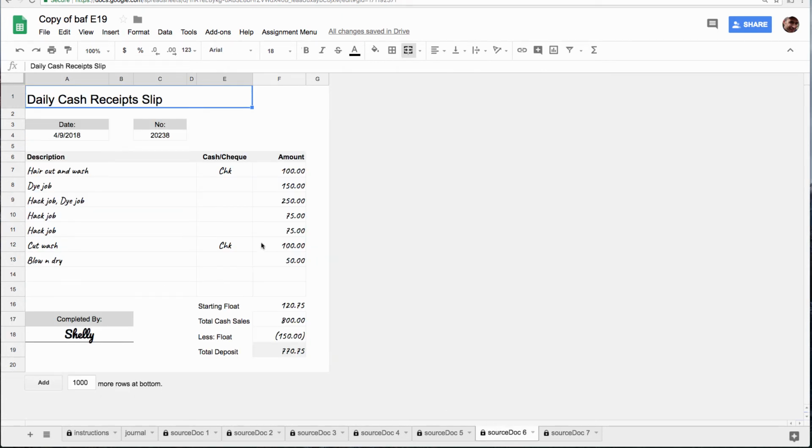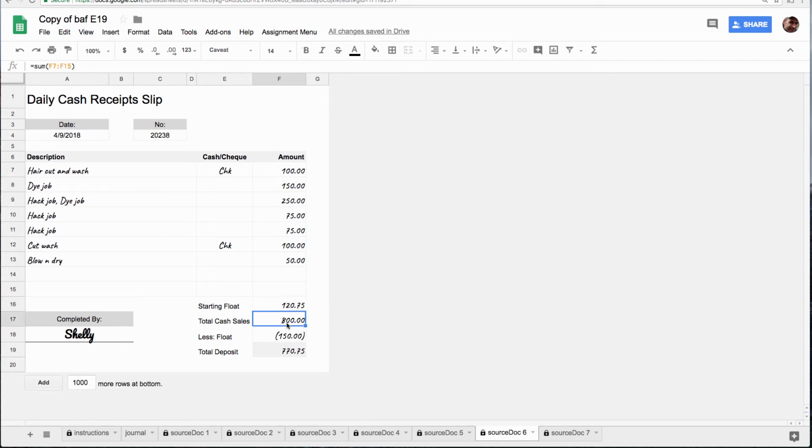But 6 does. 6 is a cash receipt from our employee for people that came in and paid cash or check during the day. So there were 2 checks, which is the same as cash, treated the same, and a bunch of cash payments. Now the problem with Shelley here is she just put in the total amount paid. No tax. The second difficulty here is that the float in the cash register was $120.75.